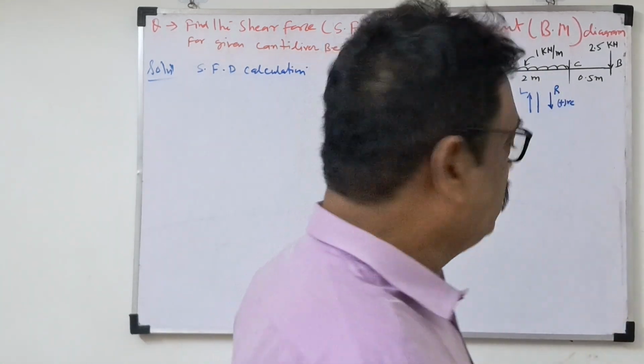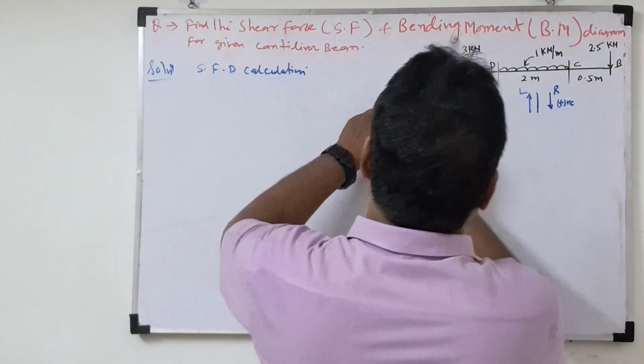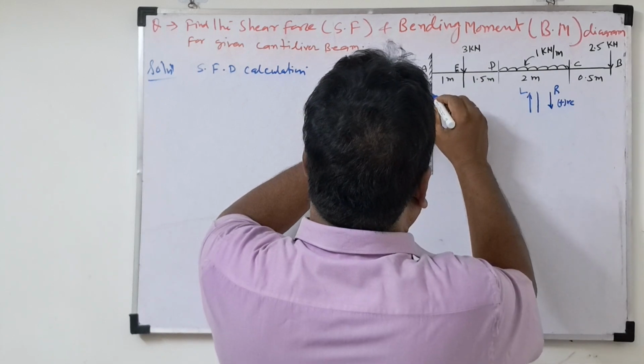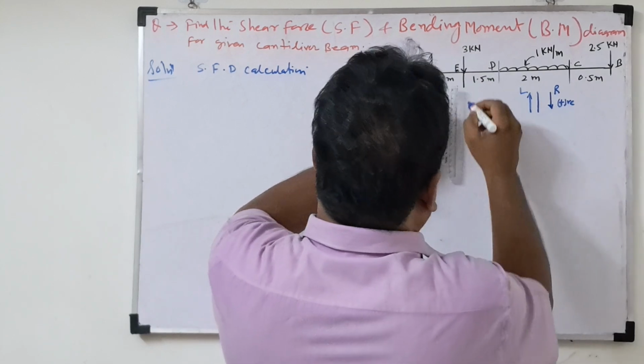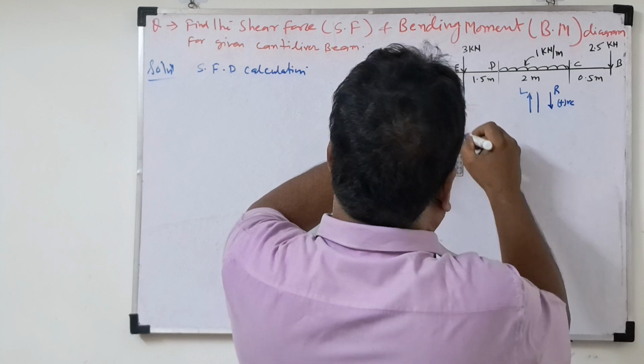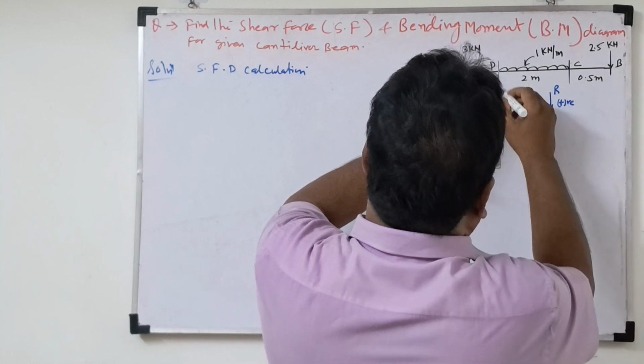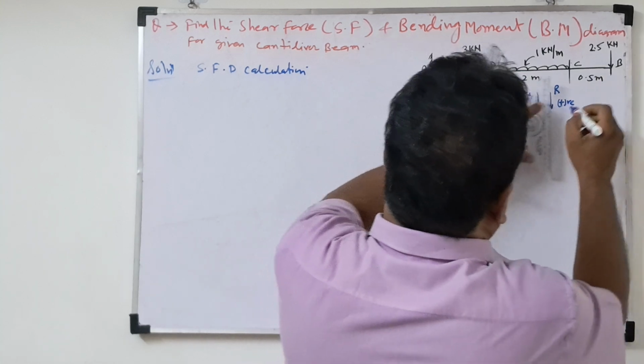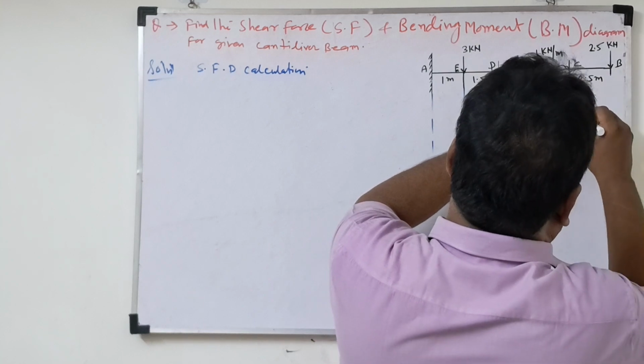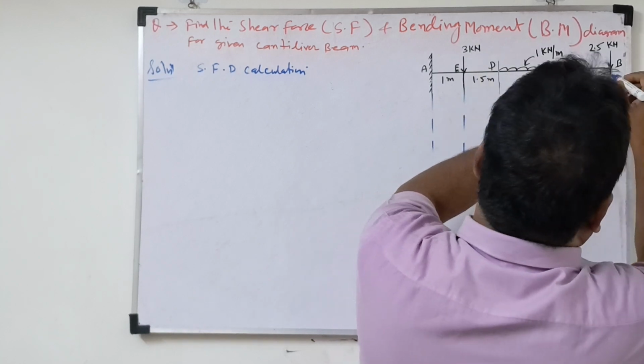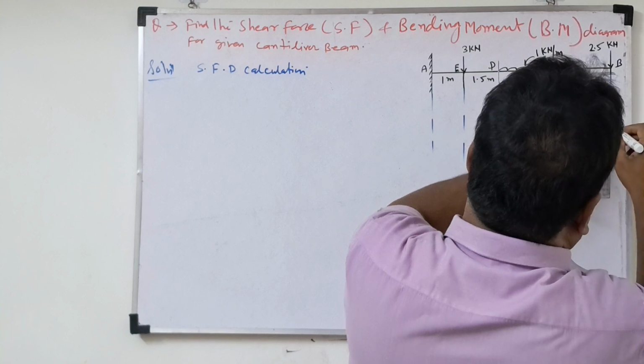We will extend these lines, so it will be helpful for us to draw the shear force diagram. Always at this junction point we have to draw a line like this.